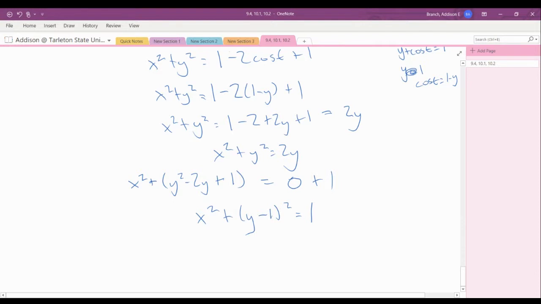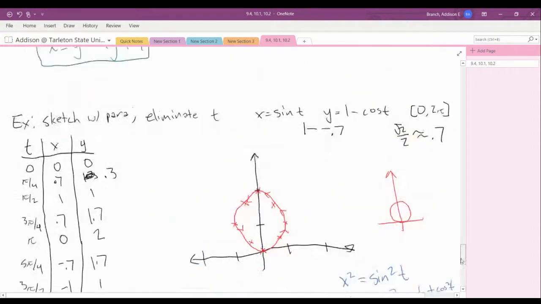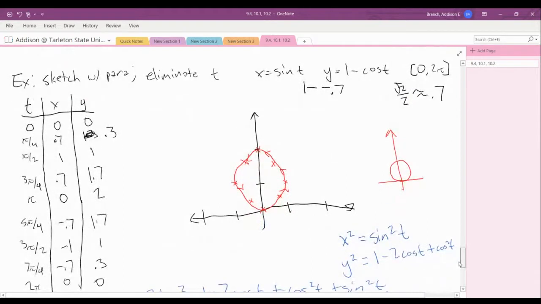So this actually matches our normal form for a circle that we learned way back at the beginning of the year. And if we look at our graph, we match it. It says that we have a circle with a radius of 1 with the center at 0, 1. If we go back up, that is exactly what we have.